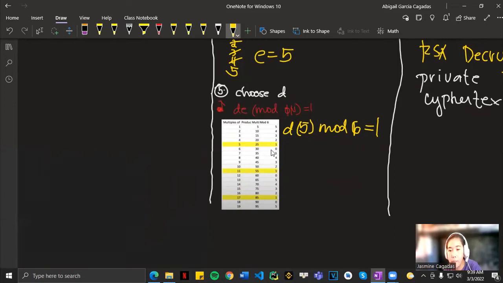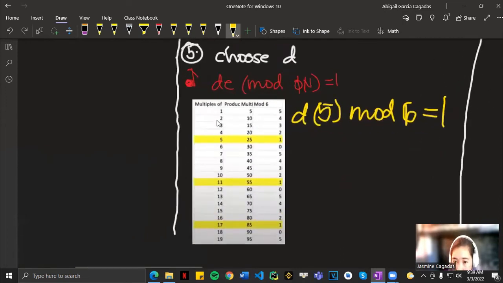Here the numbers are already laid out and solved, and the highlighted ones are the possible values of D. We have 5, 11, and 17. For instance, we substitute 5 here: 5 times 5 is 25, and 25 mod 6 is equal to 1. It's also all right with 11 and with 17.